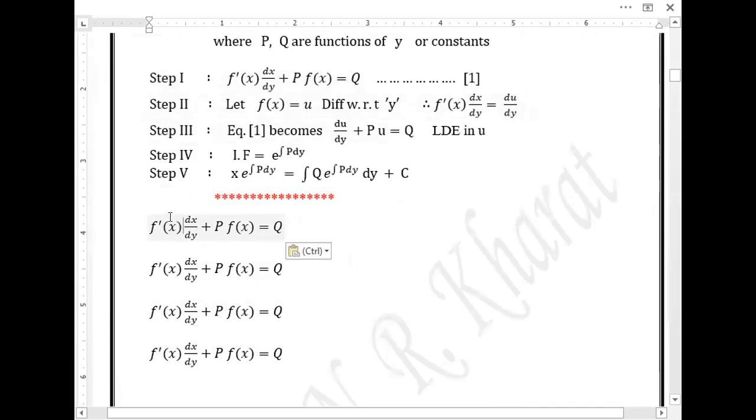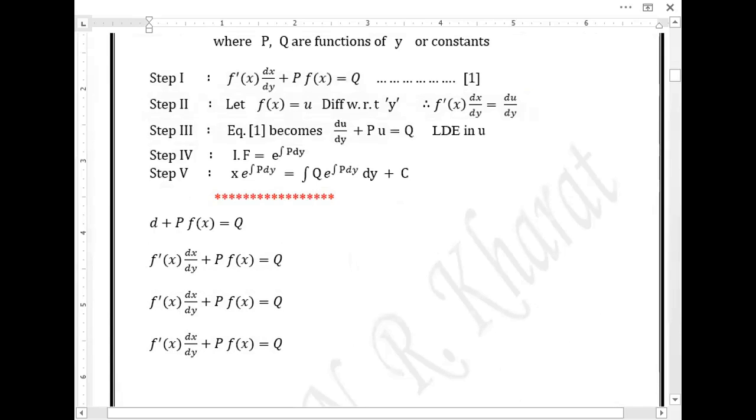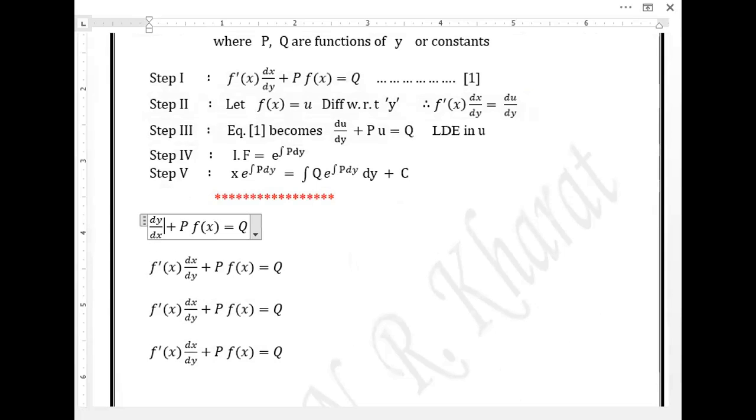The first is this: dy by dx plus p of y, and this is y whose index is suppose n. It is the first type.